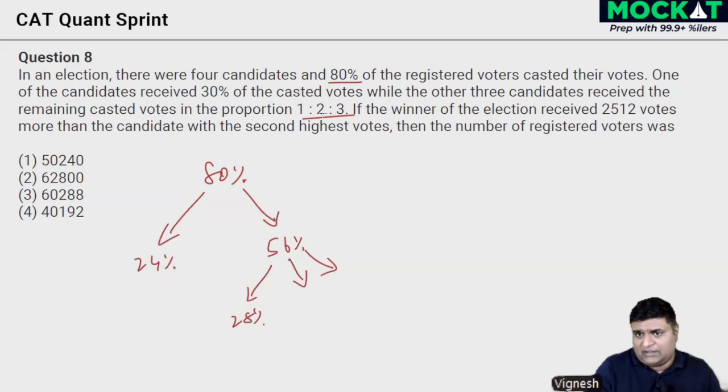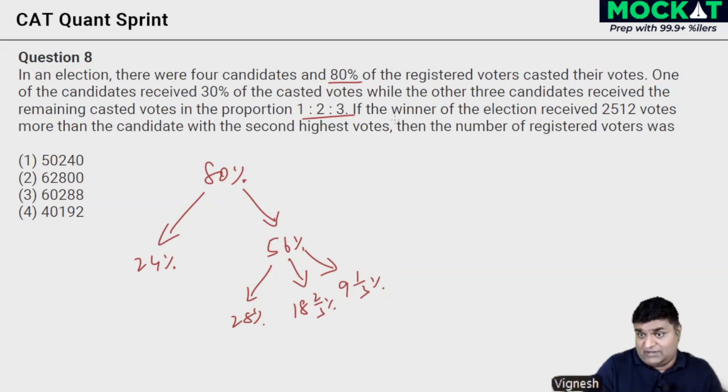Next is 2/6 or 1/3 of this, right? And 1/3 of this is 18 and 2 by 3%. And the last 1/6 of this, right? 56 by 6. That's 28 by 3, and that comes to 9 and 1 by 3%, right? Quick check. Need be, yeah, it all adds up to 56.